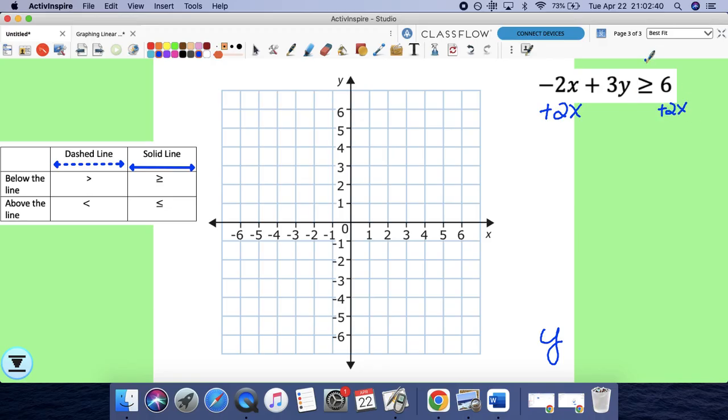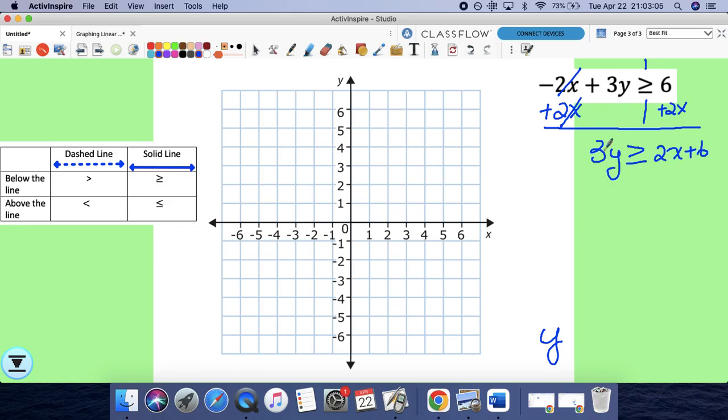I'm going to make a little line in the middle, just to remind me that there are two sides to that inequality. If I add -2x plus 2x, I get 0, so that goes away. The only thing left on the left side is 3y. So I'll write 3y greater than or equal to, and then 6 plus 2x can't be added because they're not like terms, so I'm going to write that as 2x plus 6.